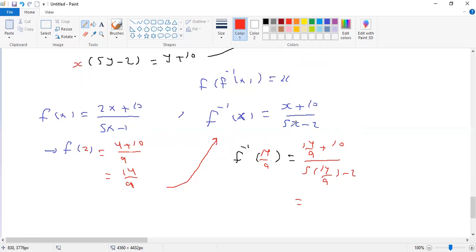If I put 14 over 9 in the inverse, the numerator will be 14 plus 90, which is 104 over 9.